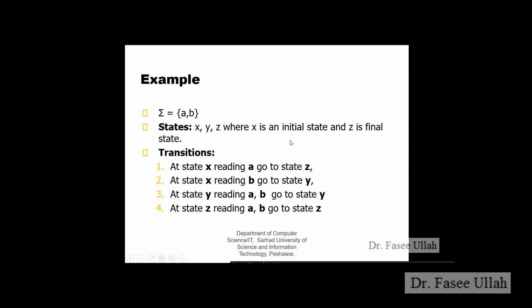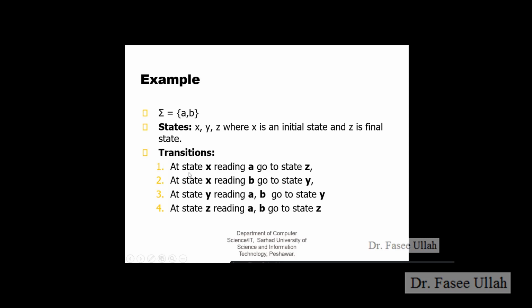Okay, students. Then we have some transitions. Transition means moving from one place to another. We have to consider the three states X, Y, Z, and trigger the inputs A and B. Let's see how we can do it using finite automata.